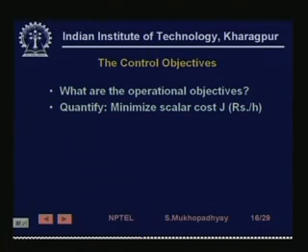So, once you broadly understand the operational objectives, you need to quantify them. You need to actually set values which will minimize some scalar cost, right. Scalar means the single overall cost of operation, perhaps expressed as rupees per hour.